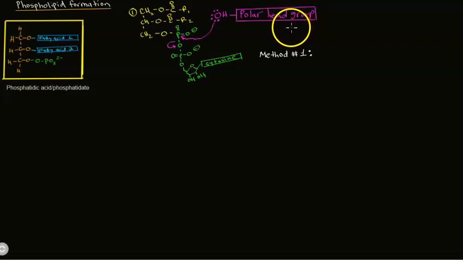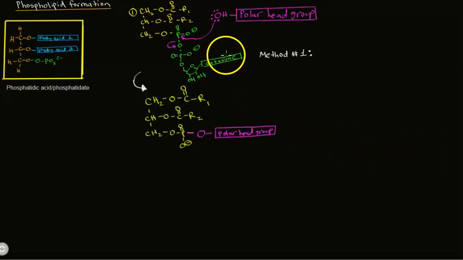When it is attacked, we will form this structure right here. The O is going to attack this phosphate and release this portion here. The portion that's going to be released is actually CMP. CMP leaves and we are left with this structure, which is a glycerophospholipid. So this is the first method of forming our phospholipid.